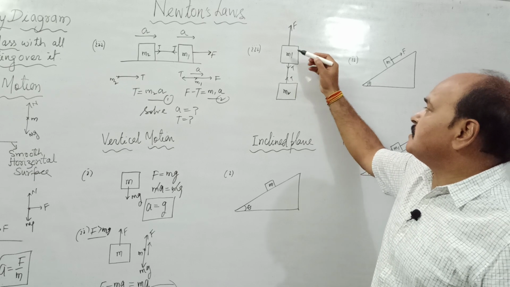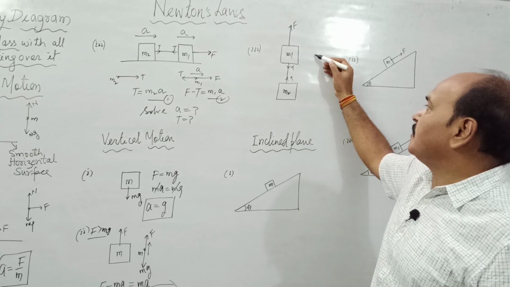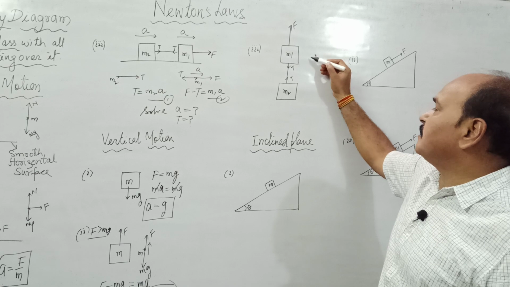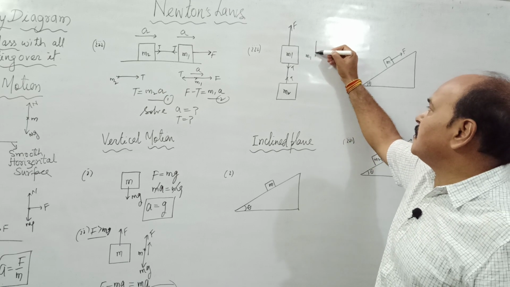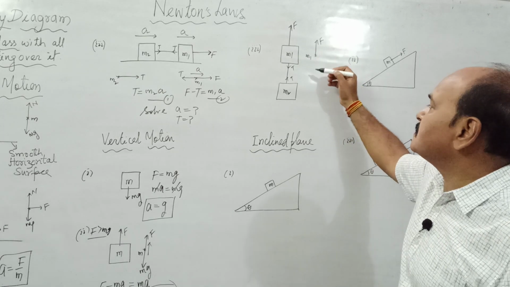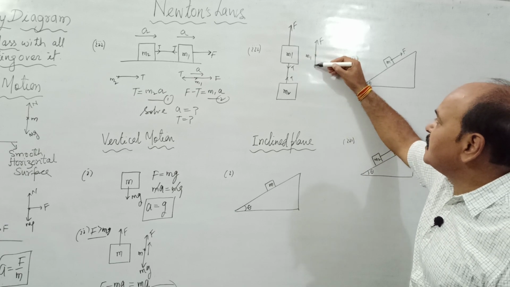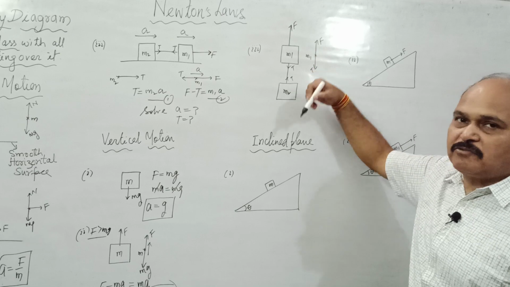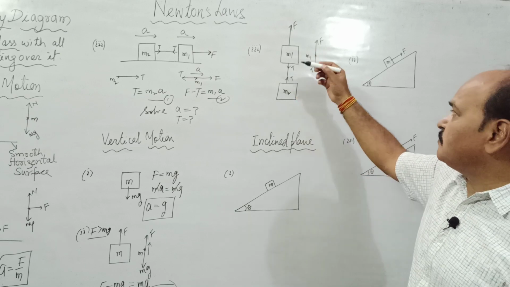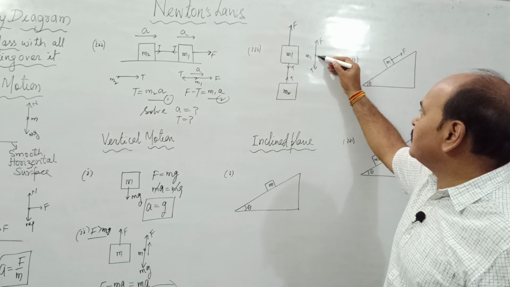Well, what is net force over this body? See, we can make free body diagram here for point mass m1. This is force F acting over the point mass. The forces acting over this mass are what? T, the tension in the string which is pulling it down. The other force is what? Its own weight.